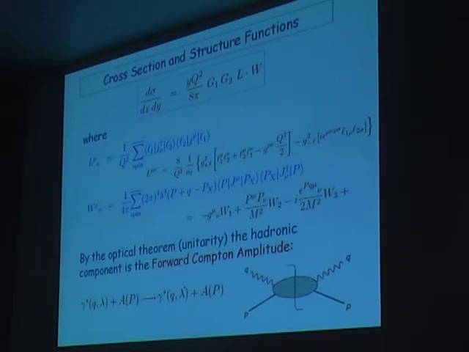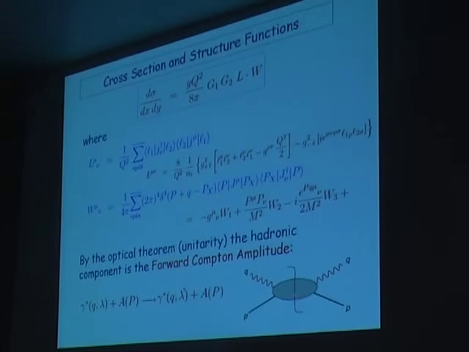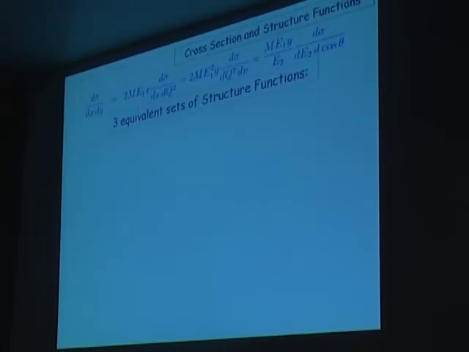So the leptonic part is factored out. This is what summing over all final states does, by using the optical theorem. So we're dealing with the forward Compton amplitude: a virtual gamma, W, or Z scattering on a proton, forward scattering into the same final states.